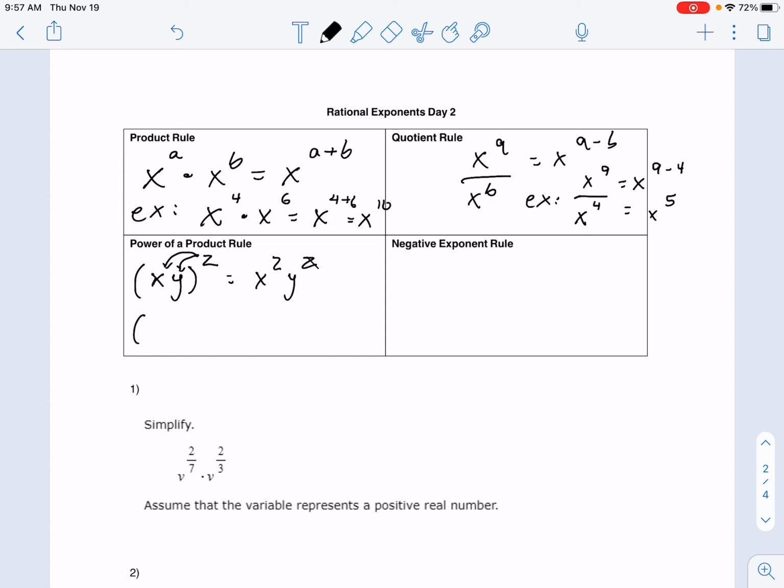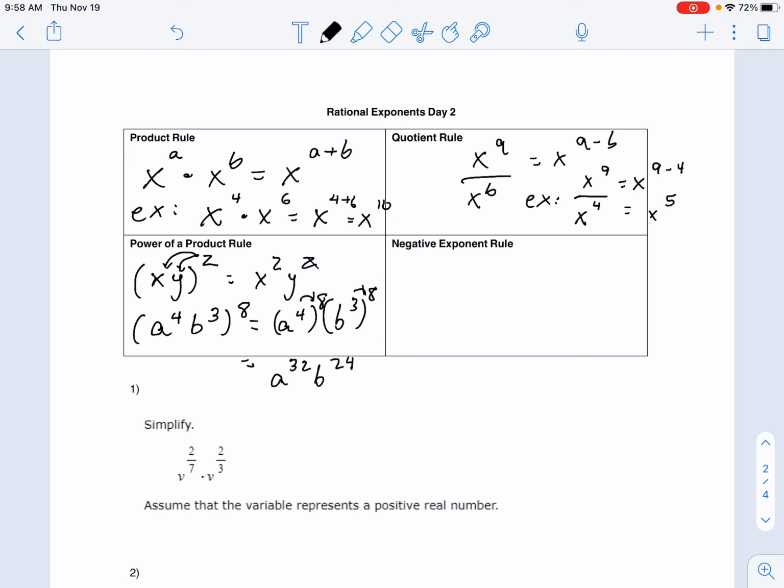So for example, if we had a to the 4th, b to the 3rd, to the 8th power, that a to the 4th is going to get the 8th power, and the b to the 3rd is also going to get the 8th power. And to further simplify, we're going to multiply our exponents, power raised to a power. That's a to the 4 times 8, 32nd power, b to the 3 times 8, 24th power.